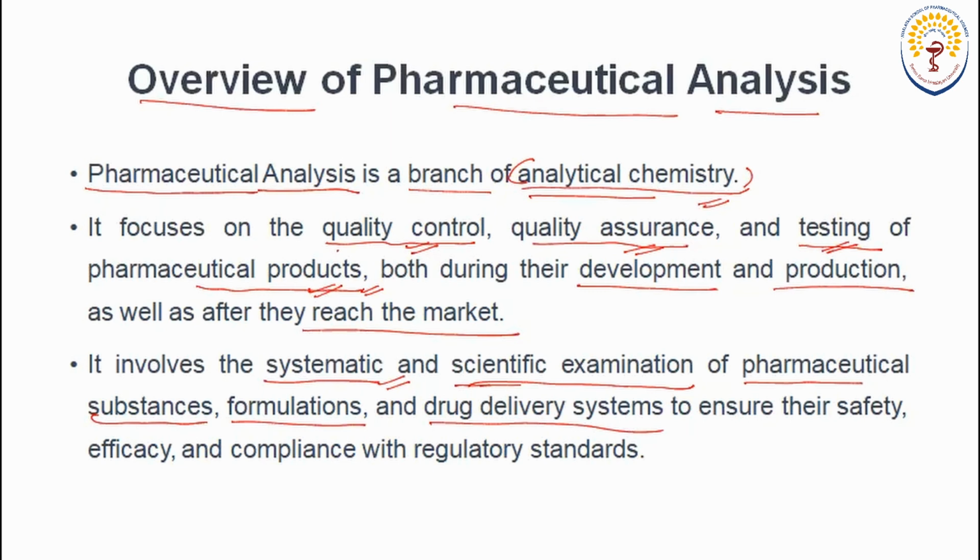We are testing because we want to ensure that our products are safe, that they are effective in eradicating the disease, and also that they are in total compliance with the regulatory standards. Regulatory standards are a very key aspect of the pharmaceutical product. Before reaching the market, a pharmaceutical product has to comply with regulatory standards.